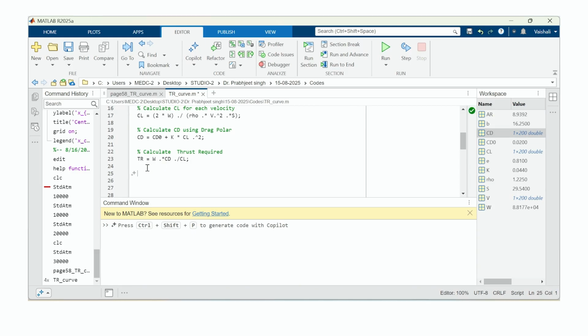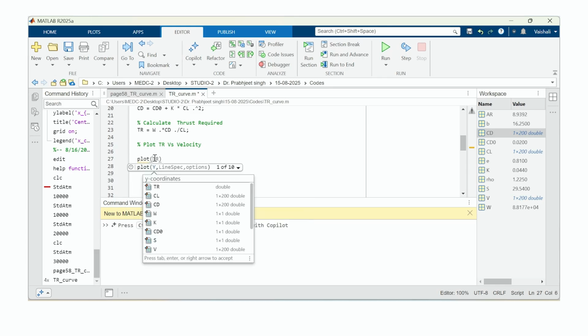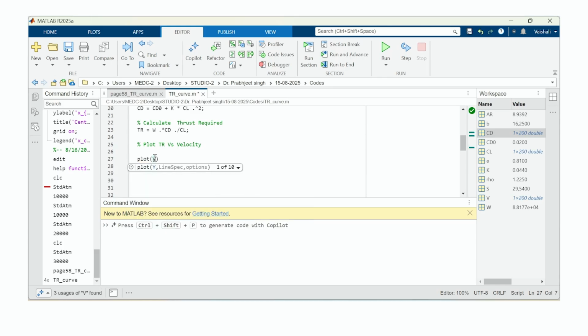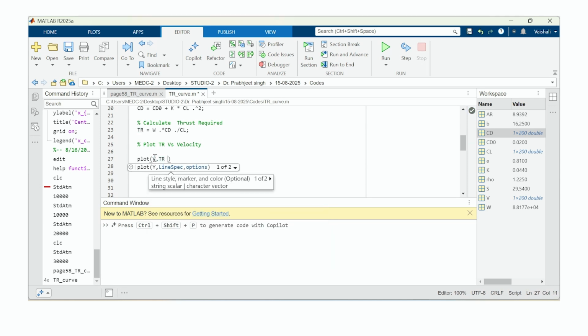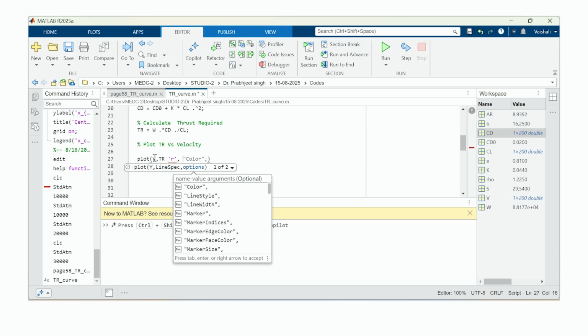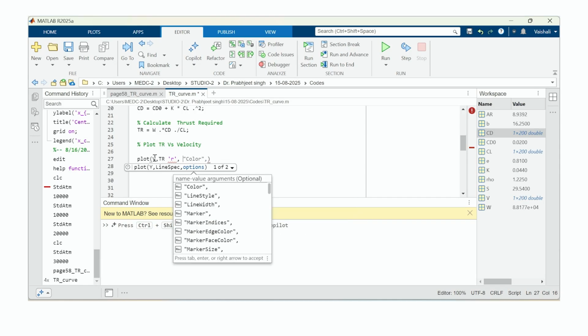Now let us plot the TR versus velocity curve. For that we have a simple command, plot. In the x-axis we have velocity, in the y-axis we have thrust required. It should be in red color, for example, and the line width. It is throwing an error since I have not put quotes over here.